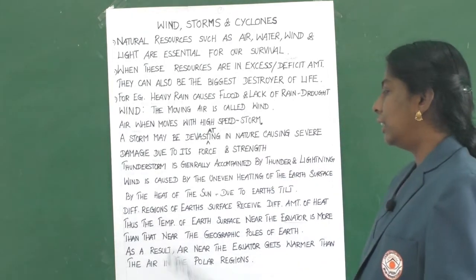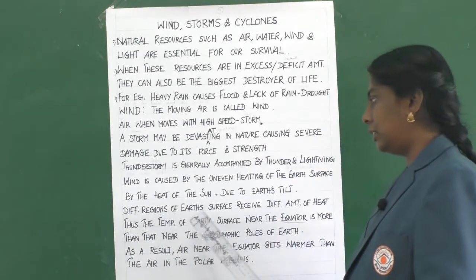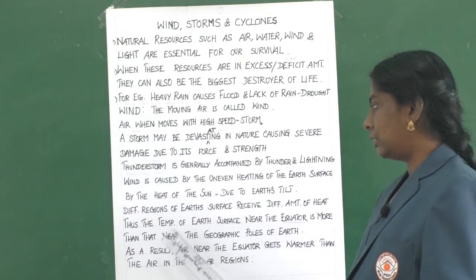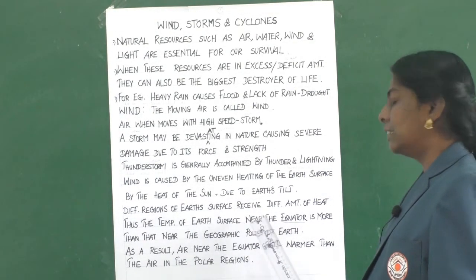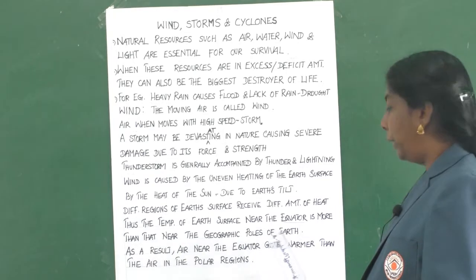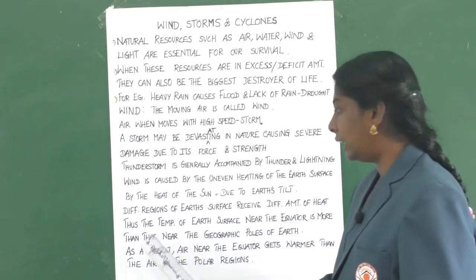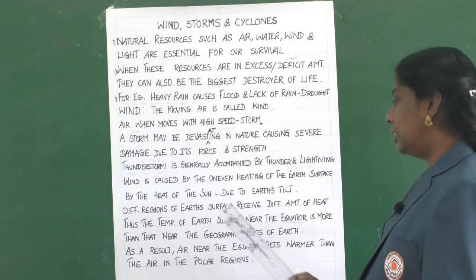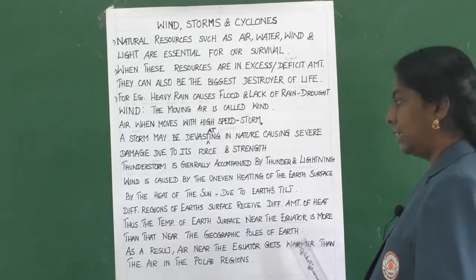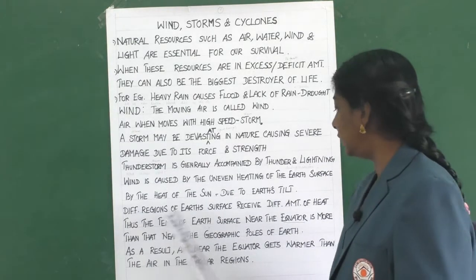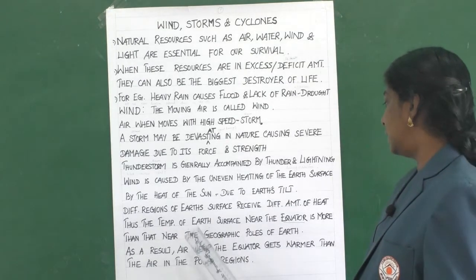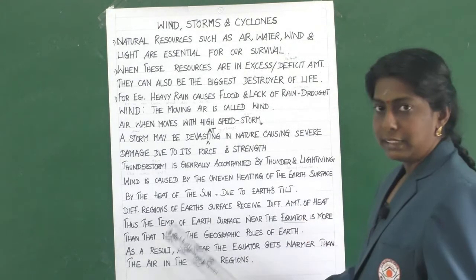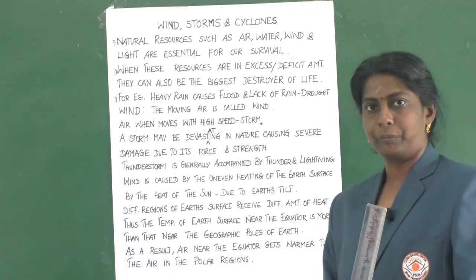Thus the temperature of the earth's surface near the equator is more than that near the geographic poles of the earth. So near the equator the temperature will be more.